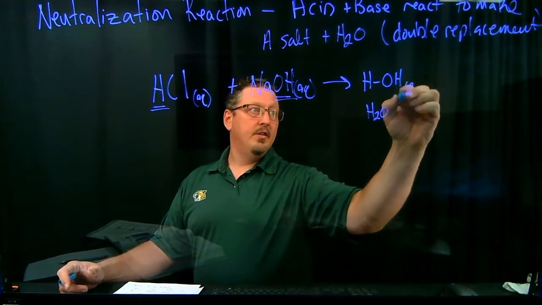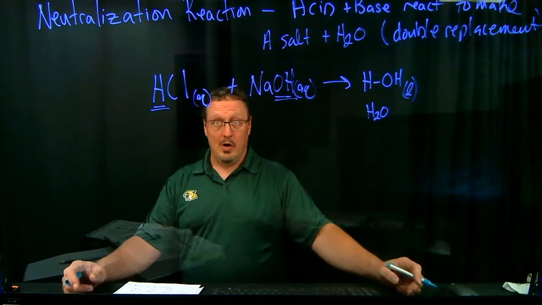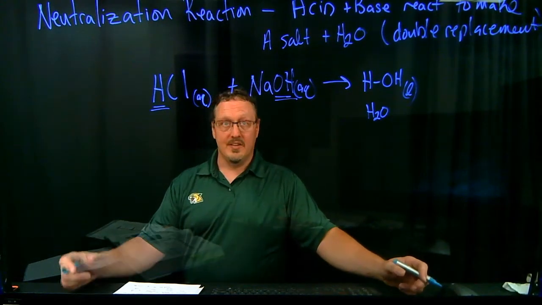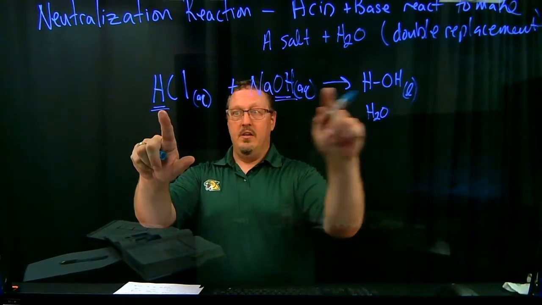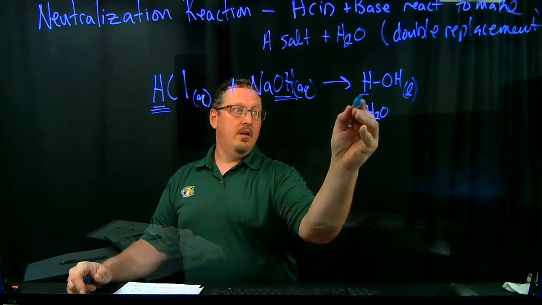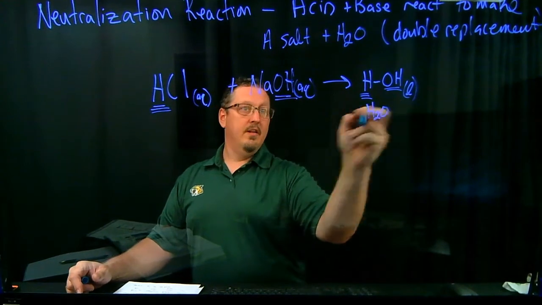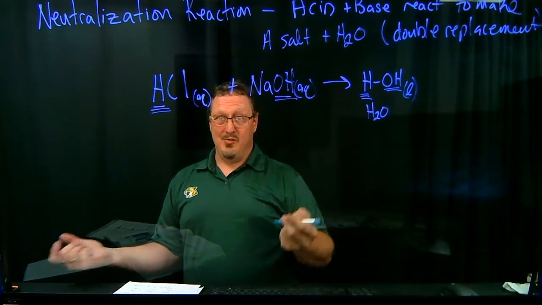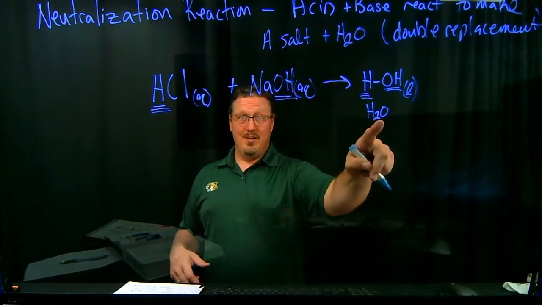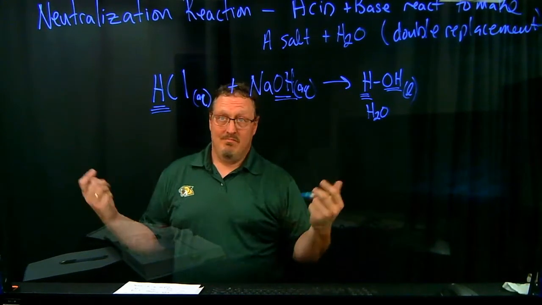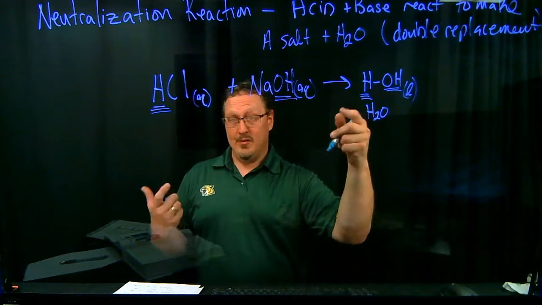This is going to be a liquid because we can't have aqueous water dissolved in water, because it's a liquid. The reason I like to write it like this is because I can see that this H comes from here and the hydroxide comes from here. It just makes more sense. It's easier to balance. If you want to write it that way, go ahead. I don't care. This is why I do it that way, just so you know.